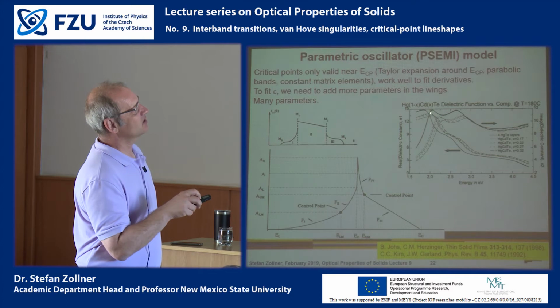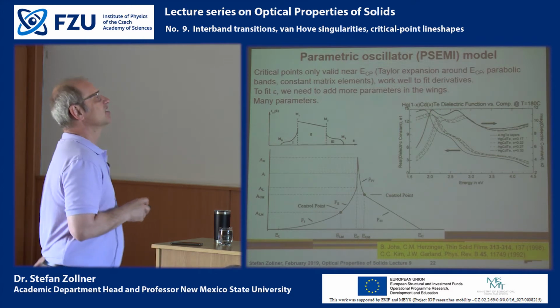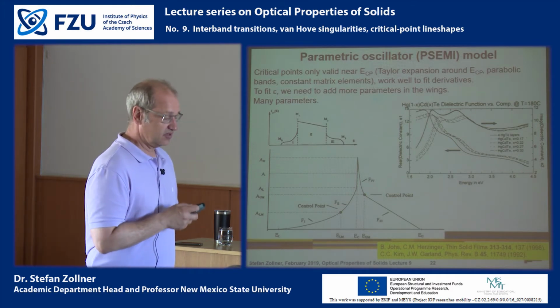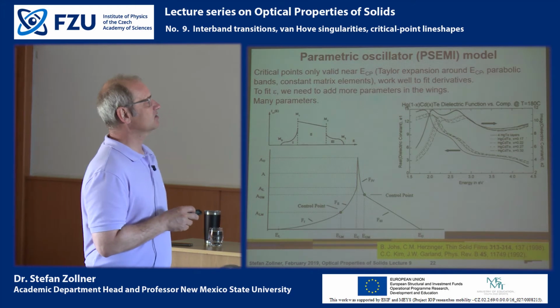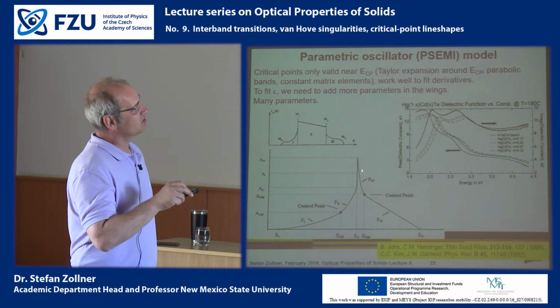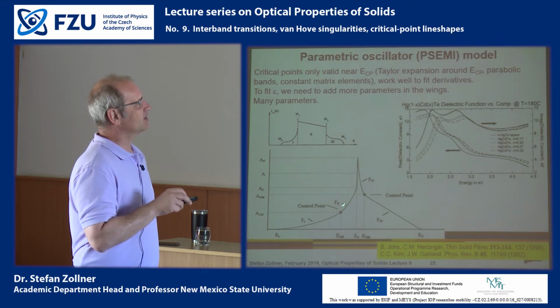And right here, right at the critical point, perhaps one can fit the data with these critical point models. So right here, this peak, that might be described by the saddle point critical point. But what about the tails?